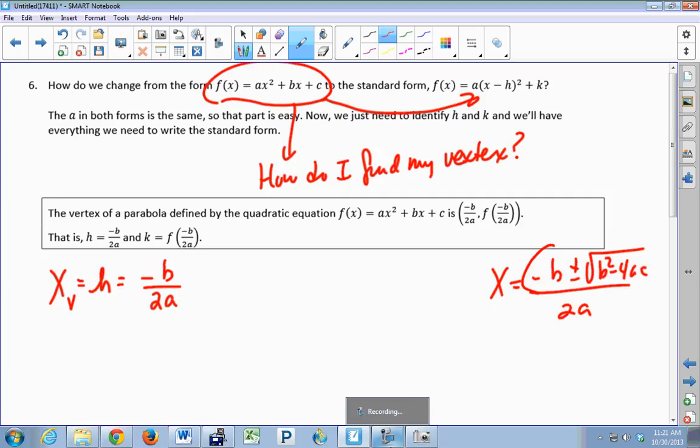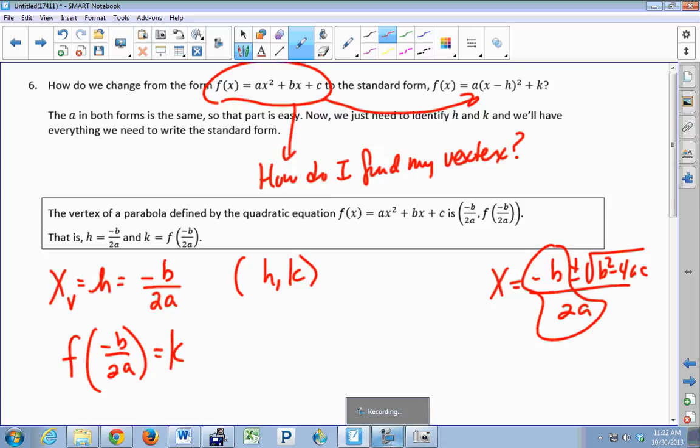Notice it's this first term right here in your quadratic formula, because your vertex is the midpoint between your two zeros, or your two x-intercepts. So that's the very first part of your quadratic formula. That's how you find your x coordinate, your h value, and then to find your output, you plug it back into your function. You put in your x value, and there's your k value. So there's your (h, k).